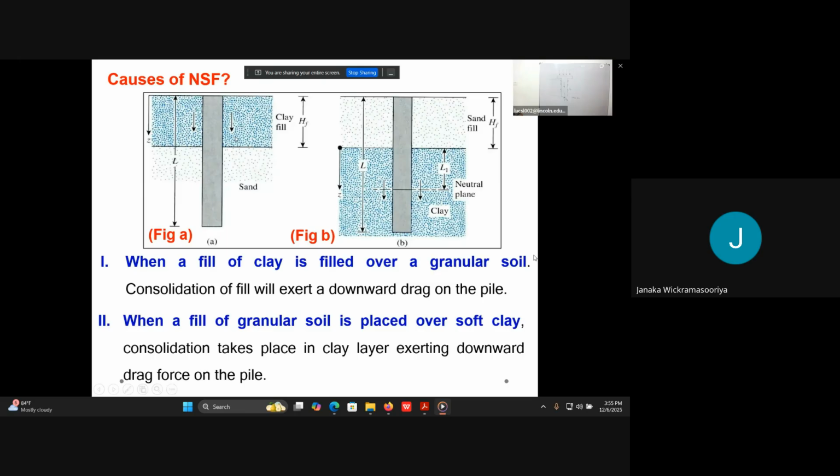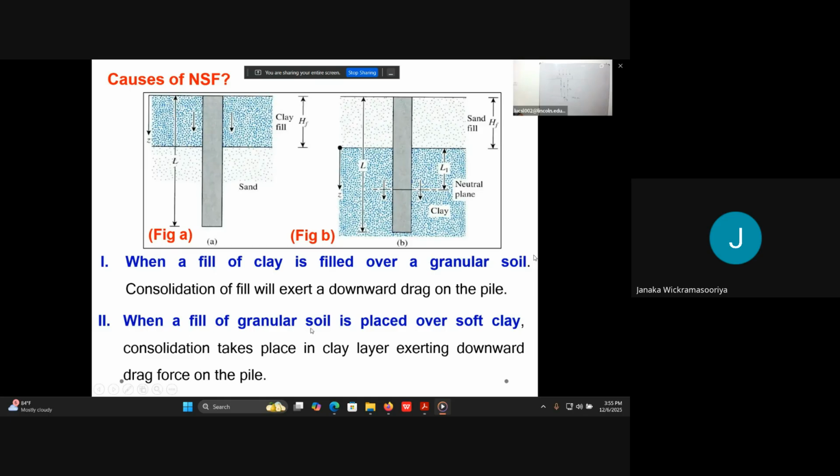When the clay layer settles, there will be a downward force. Also the fill, when this fill settles, there will be a downward force.